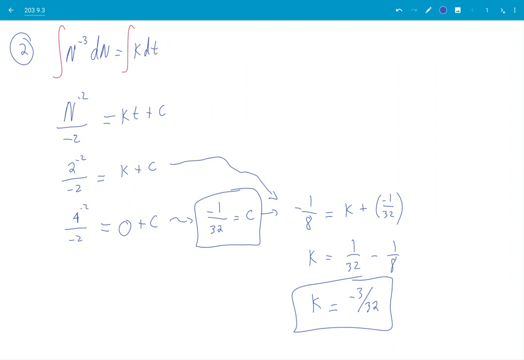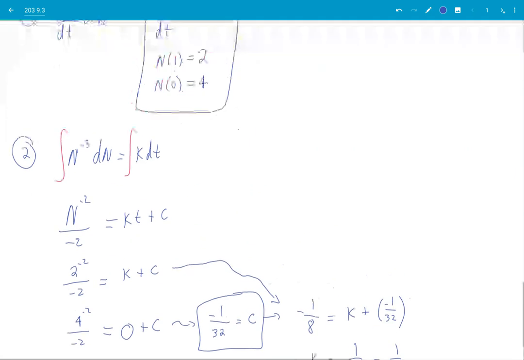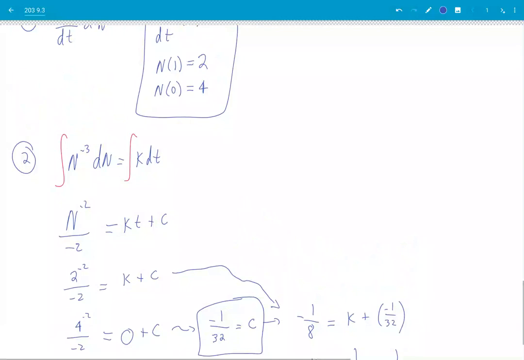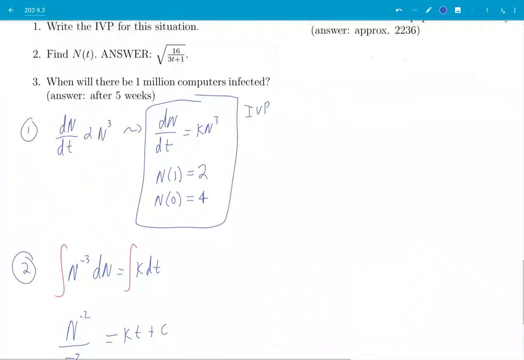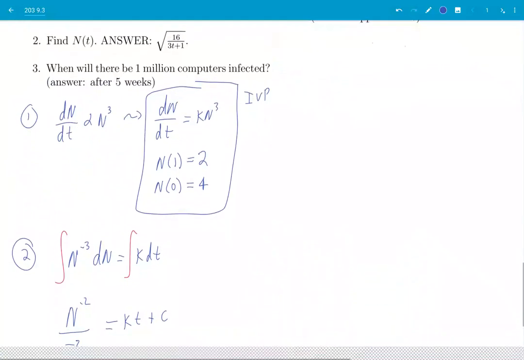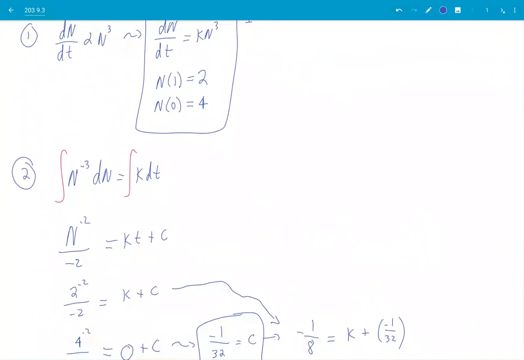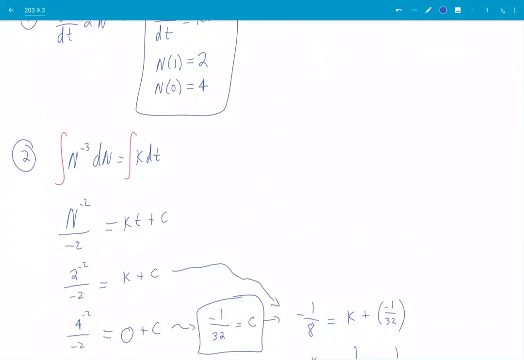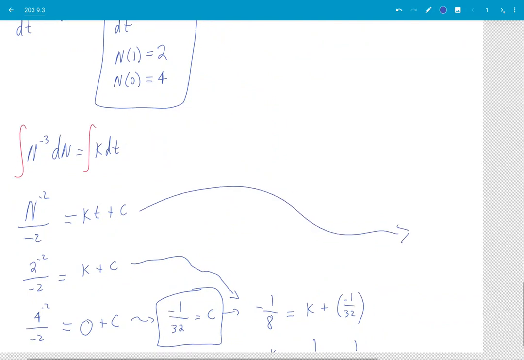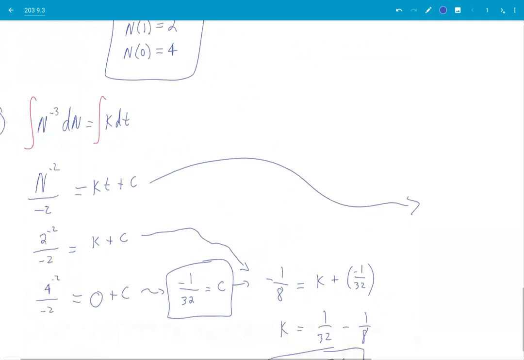Now I will read the question again and figure out what I'm trying to do. And part 2, I'm trying to just solve for n, right? So maybe this k and c business I should have done later, but it doesn't really matter.